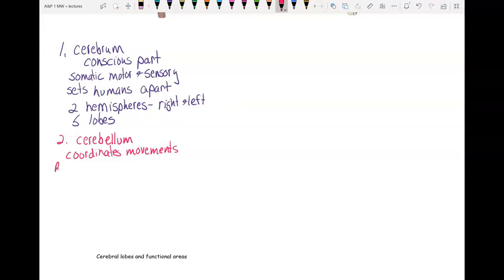And it receives proprioceptor information. These are receptors in your muscles and joints. So proprioceptors are sensory receptors in your muscles and joints.